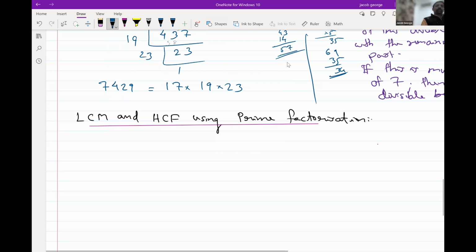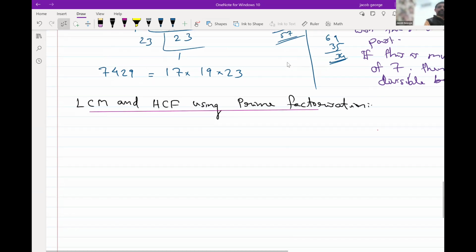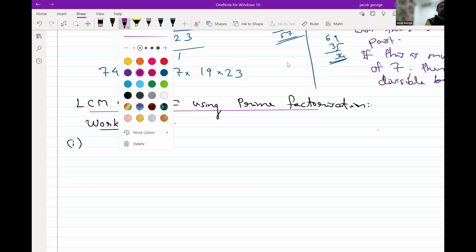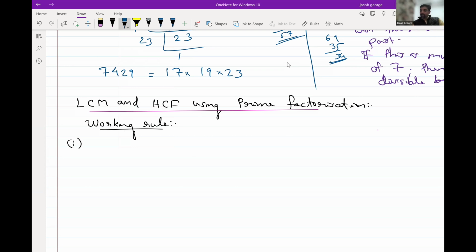Please write. Working rule. Step number one. Express the given numbers as a product of prime factors, right?